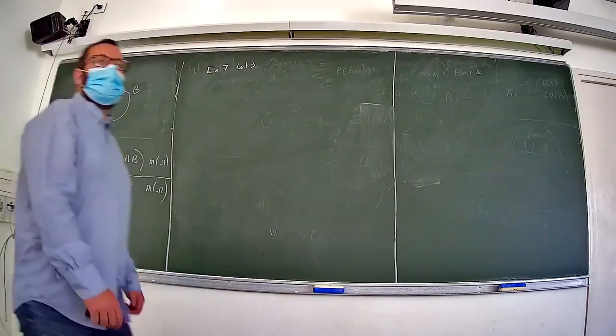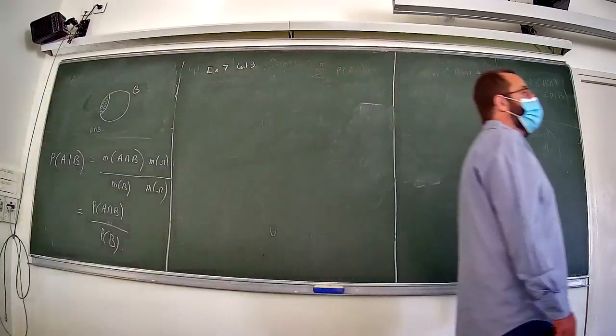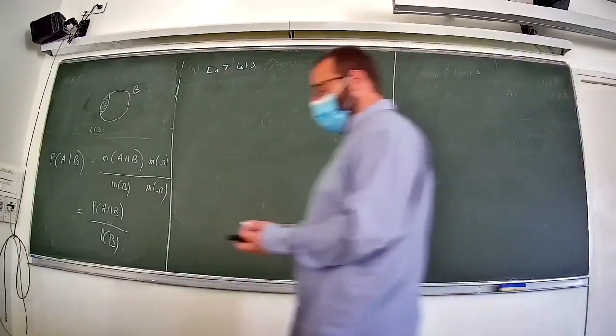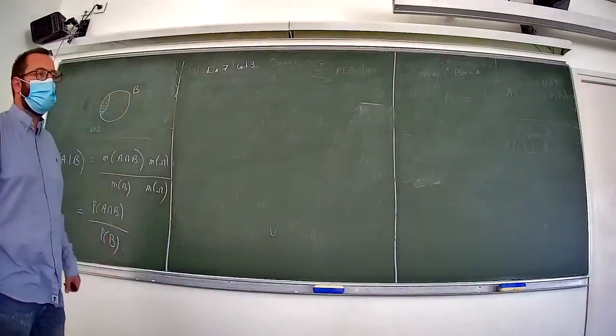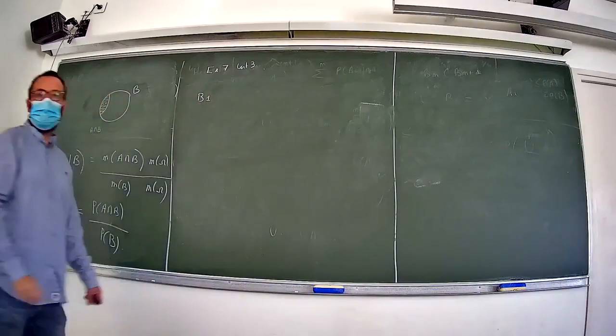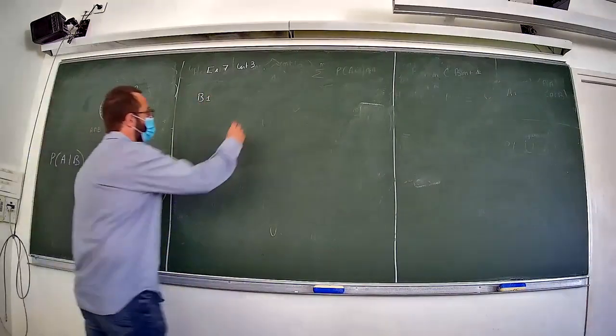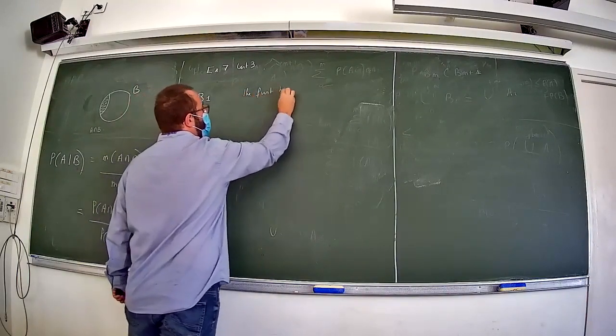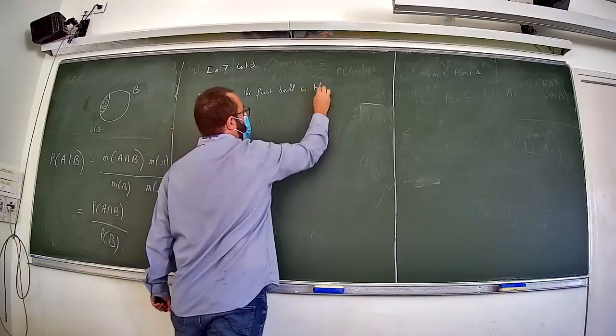In order to lighten the way to write the solution, we are going to introduce some notations. We are going to define some sets. I will use B once again here, B for black and R for red. I introduce B1, the set where the first ball is black.